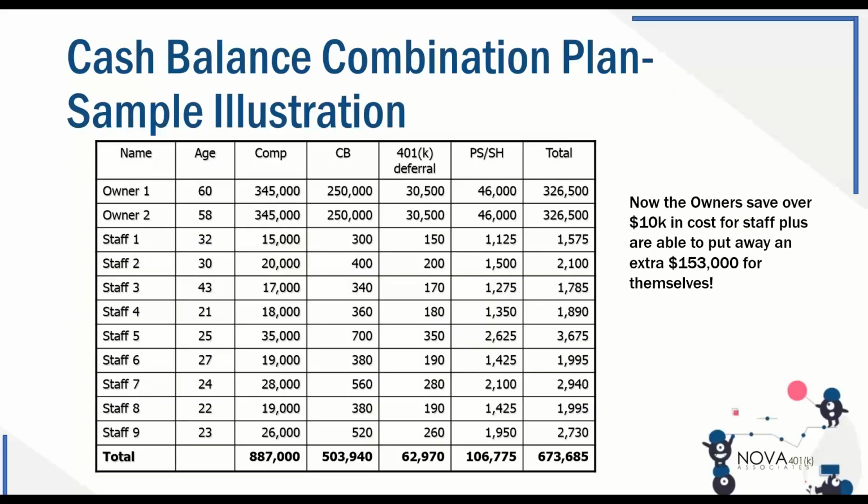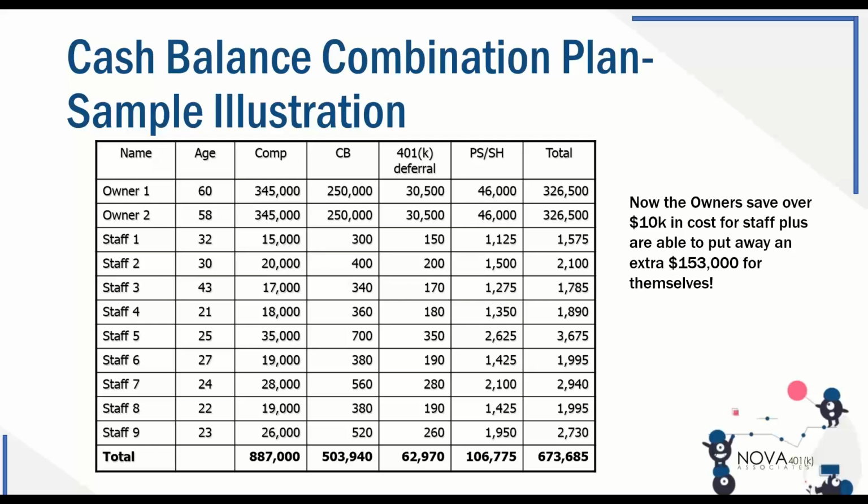So here's a sample combo plan. All we've done is we've taken that cash balance design and we've added a 401k profit sharing plan, a safe harbor 401k profit sharing plan. In this instance, the owners then can get the 250 cash balance, and then they can also get the maximum defined contribution benefit.